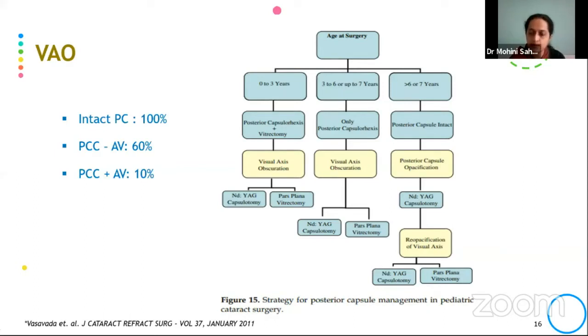Where PCC is done without an anterior vitrectomy, the rate decreases to 60%, and it further reduces to 10% if at the time of the surgery, the PCC is combined with anterior vitrectomy. However, if the visual axis opacification does develop, YAG laser capsulotomy should be done wherever feasible. Where not, or where there is a recurrence, a membranectomy will have to be performed.